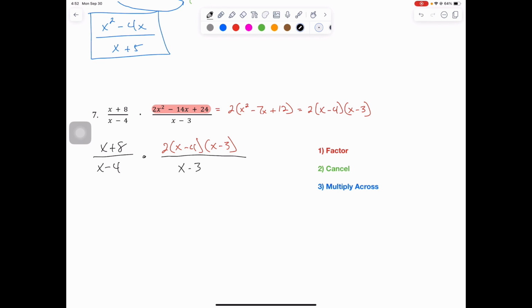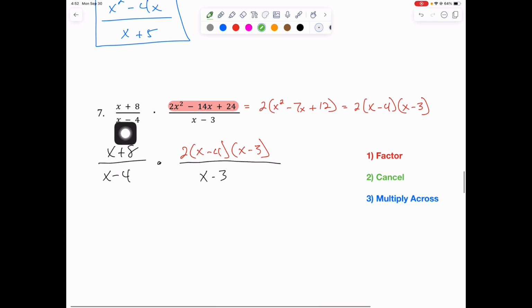And remember, when we're canceling now for step 2, we can cancel factors top to bottom and also diagonal. All right, so let's take a look. Anything that cancels top to bottom here, no, but top to bottom that's on a diagonal, we can. Anything top to bottom here, we certainly can.